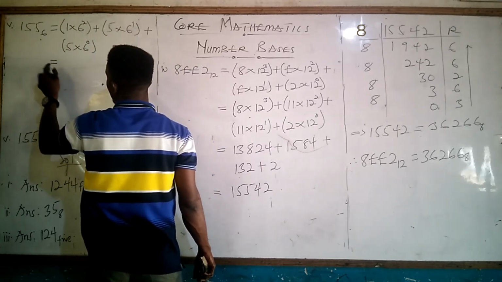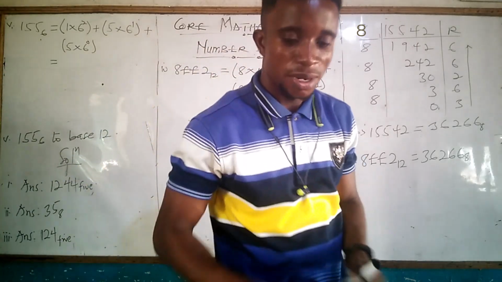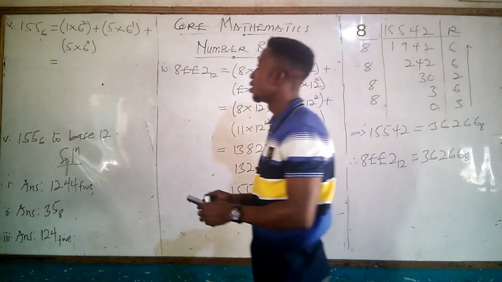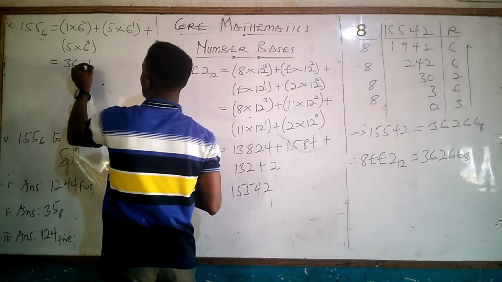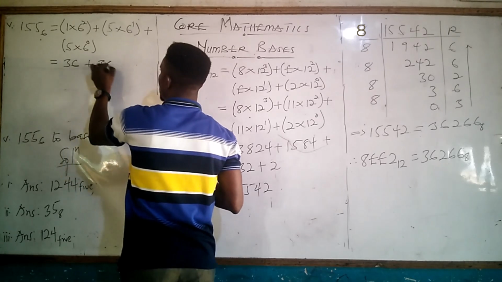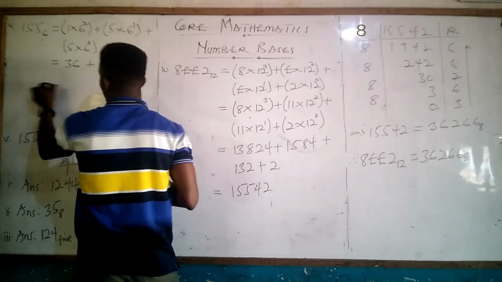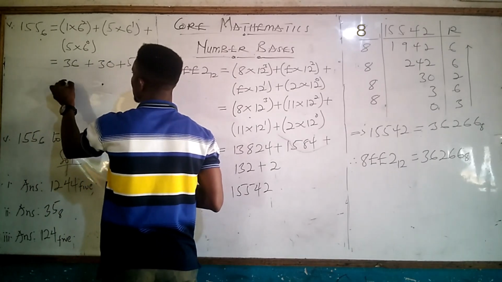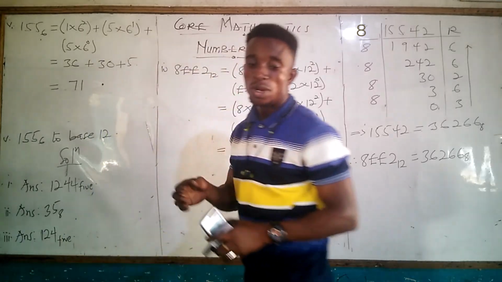So this one will now get us, we can put this on the calculator straight forward. So putting that one, 6 squared is 36. So 36 plus 30, then plus 5. And this one will get us what? 71. Then what do we do next?